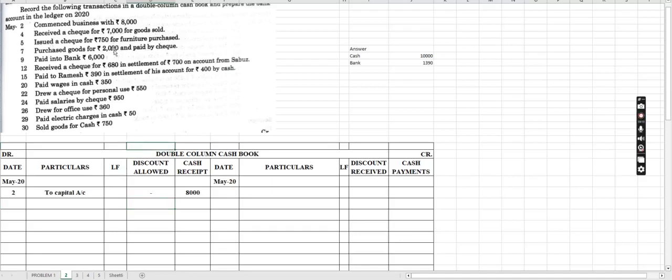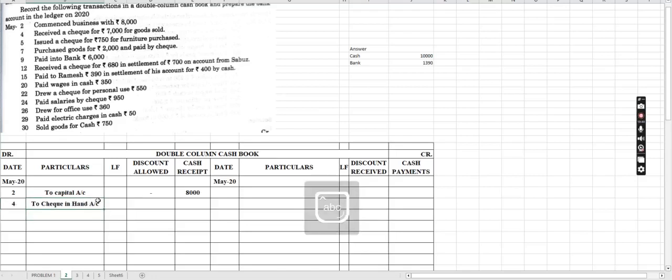received a check for 7,000 for goods sold. Now we have sold the goods and we received the check. Like I have already said, when we are receiving a check, we need to consider this in cash as to what? Check in hand, a dummy account, which I have already said.